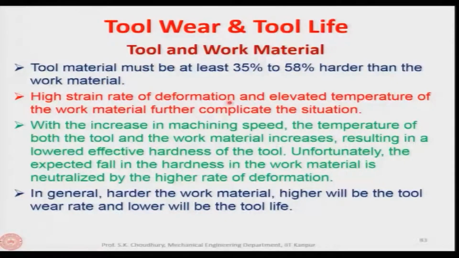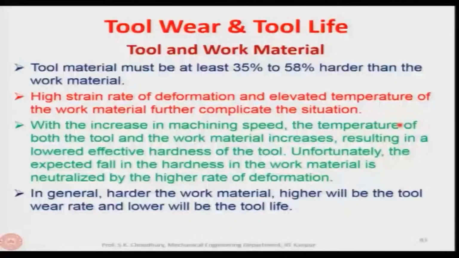The high strain rate of deformation and the elevated temperature of the work material complicate the situation, in that with the increase in machining speed, the temperature of both the tool and the work material increases. Machining zone temperature increases as the machining progresses, as the cutting velocity increases. This increases the temperature of the tool and the work material, resulting in a lowered effective hardness of the tool.